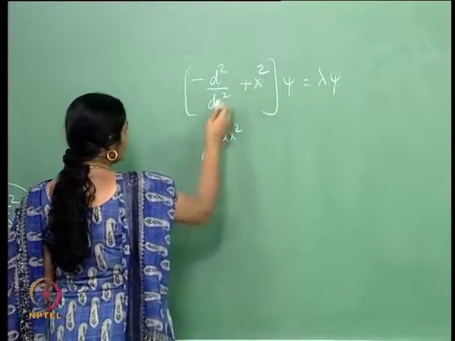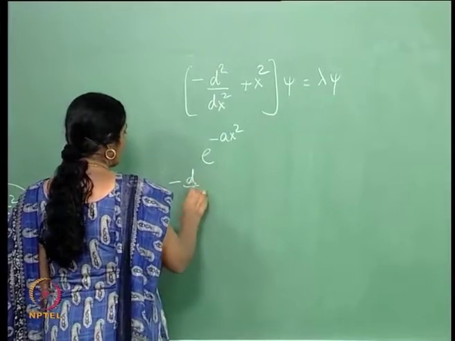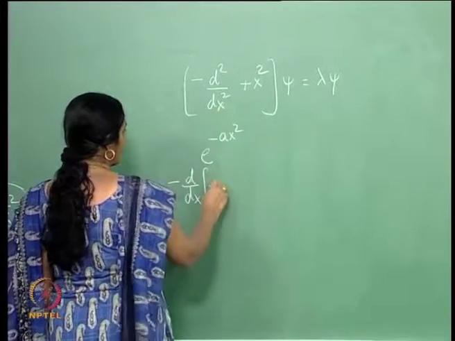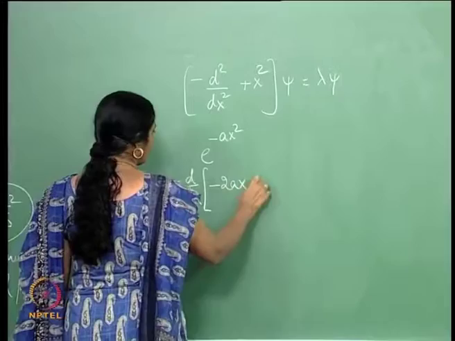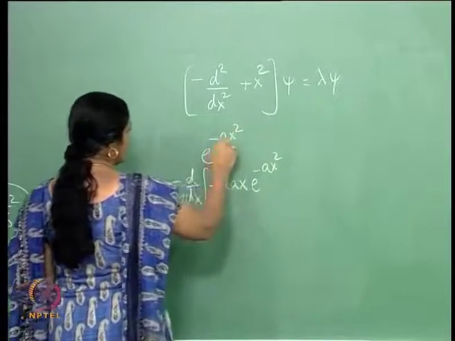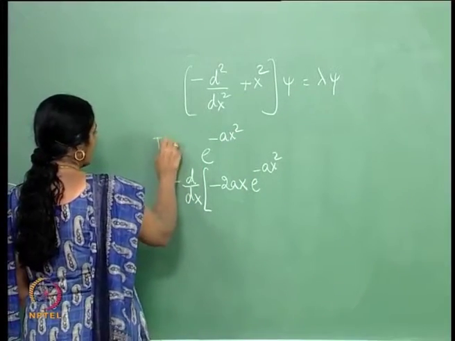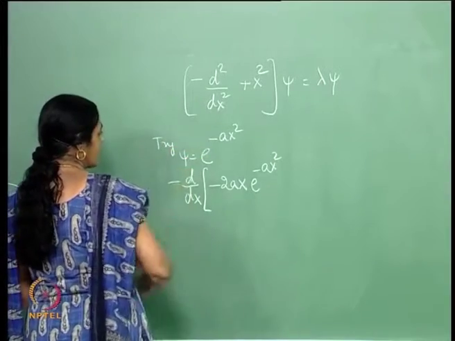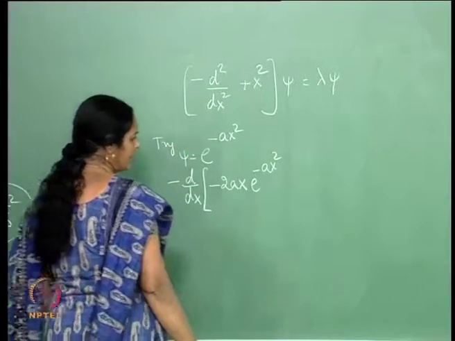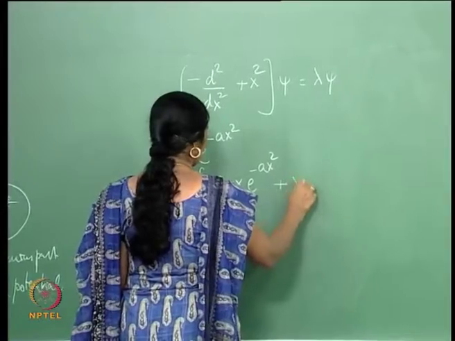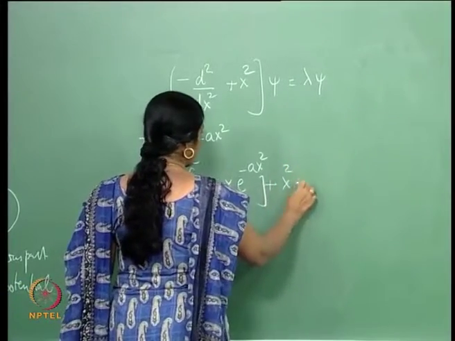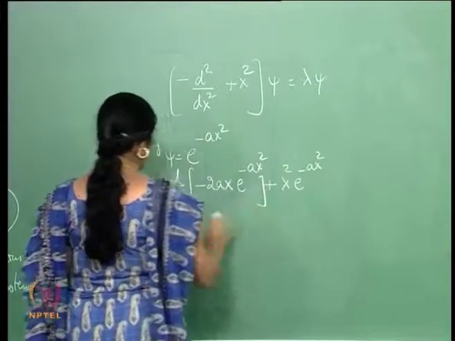So you can see that this is minus d by dx of d by dx of psi, equals this, not normalized, plus x squared e to the minus a x squared.